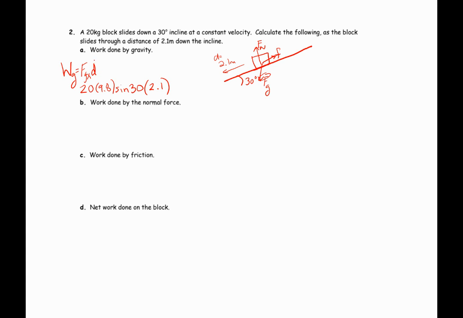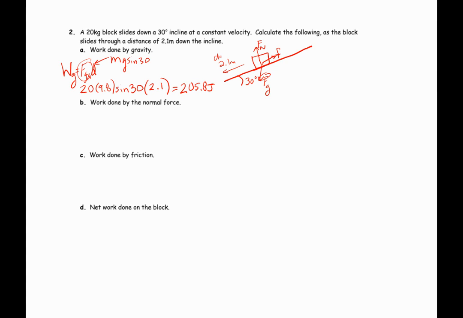Okay, so this is my force of gravity in the x, mg sine 30. And so that's going to end up giving me that the work done by gravity is 205.8 joules.